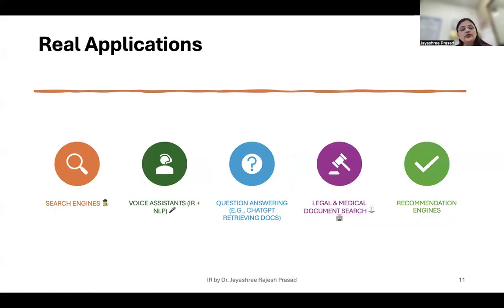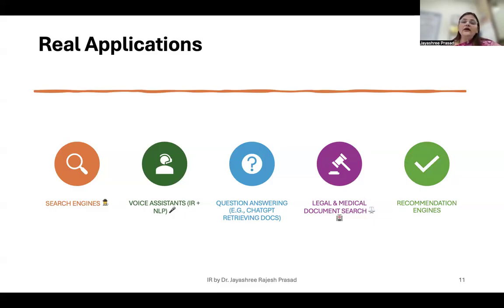When it comes to real applications, it's endless. Search engines, obviously, but also voice assistants nowadays, like Siri or Alexa. They retrieve before they respond.